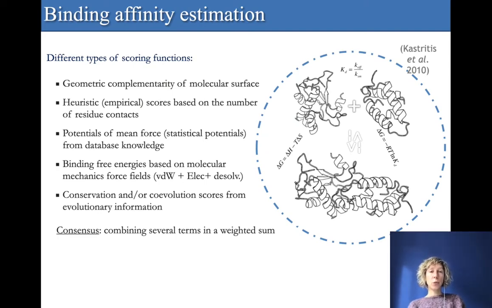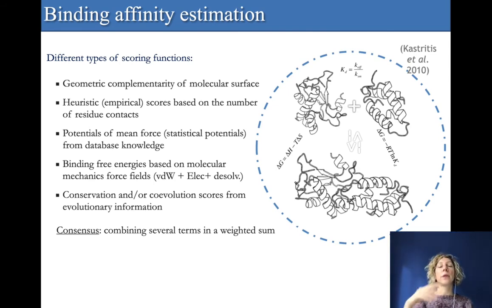So then you need to estimate the binding affinity. As I mentioned, you can use the geometric complementarity of the molecular surfaces, and you can also use other ingredients, like heuristic scores based on the number of residue contacts, potentials of mean force or statistical potentials that are derived from database knowledge.